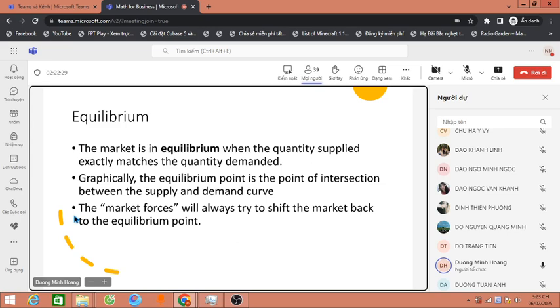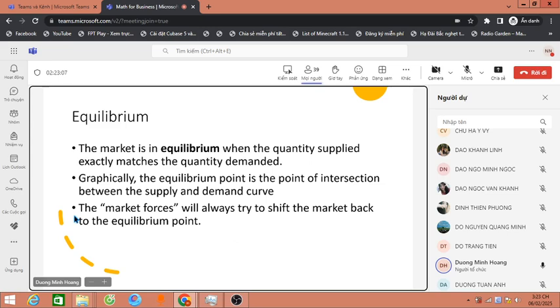So there has to be a point where quantity supplied exactly matches the quantity demanded. This point is what we call an equilibrium point. So the quantity that consumers want to buy exactly equals the quantity that suppliers want to sell. I repeat, the equilibrium point is the point where the quantity that consumers want to buy exactly equals the quantity that sellers want to sell.